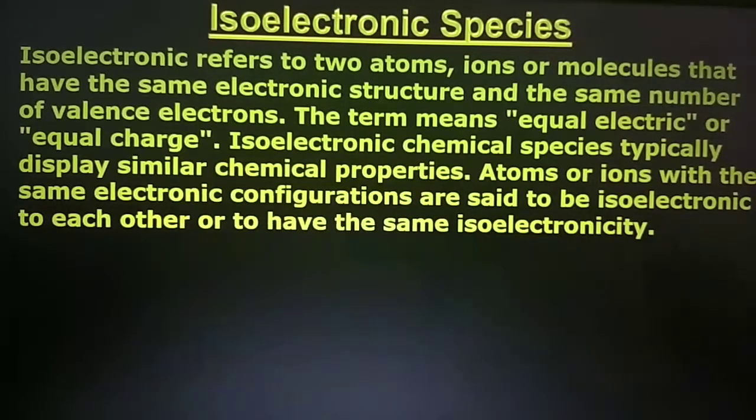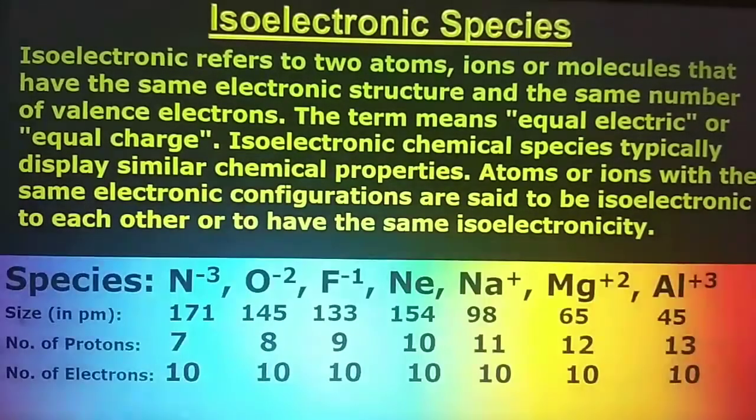Means in simple statement we can say that this species, which can be an atom or an ion, any species which have the same number of electrons, can be called isoelectronic, right? So we can observe that for a period.